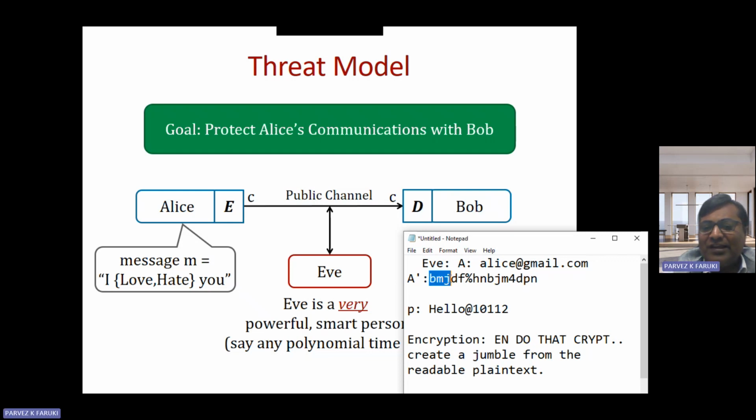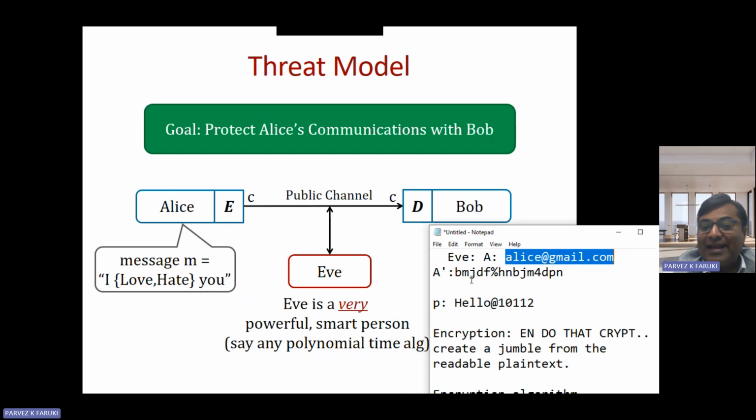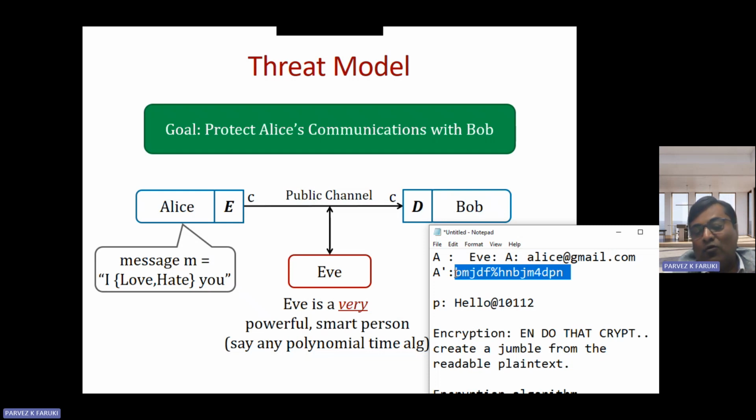Similarly, take this case. Instead of this information, if an attacker gets this, where instead of A I wrote A dash, the attacker cannot directly infer anything by looking at the second text. Why? Because it's not a text which can be directly inferred.